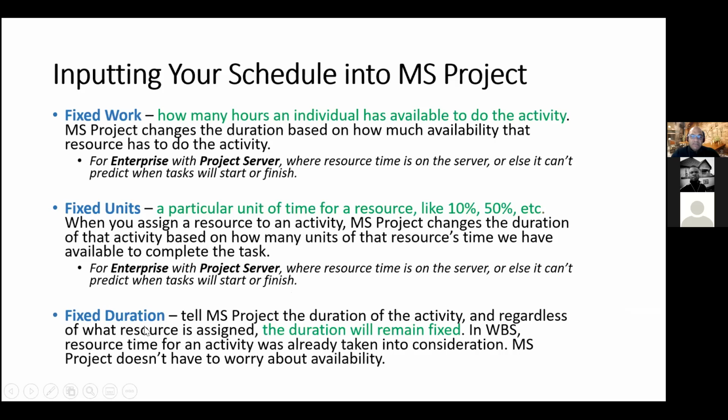My recommendation is to stay with fixed duration. So you tell Microsoft Project the duration of each activity, and no matter what happens, that duration will stay the same, which is what you want, right? In your work breakdown structure, resource time for an activity has already been taken into consideration. You did all this during your WBS session, right? So you want Microsoft Project to keep it all the same.